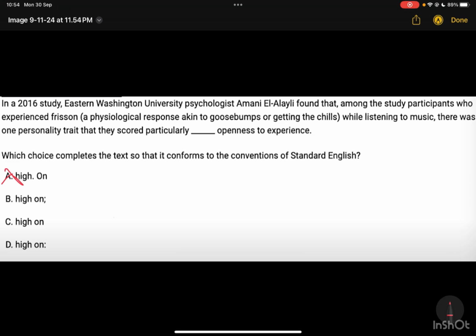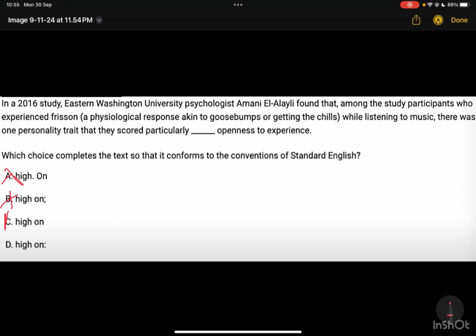Openness to experience is not a complete sentence, so it's not going to be B. C, high on, particularly high on openness to experience. That could be a correct answer because it continues the sentence. So C could be a correct answer. D, high on colon, openness to experience.